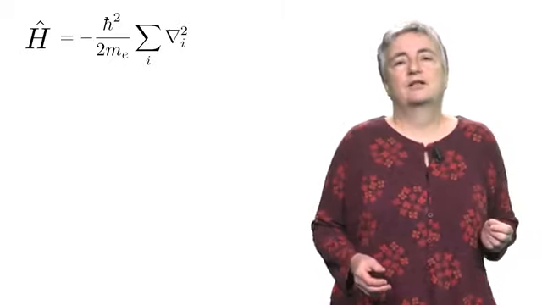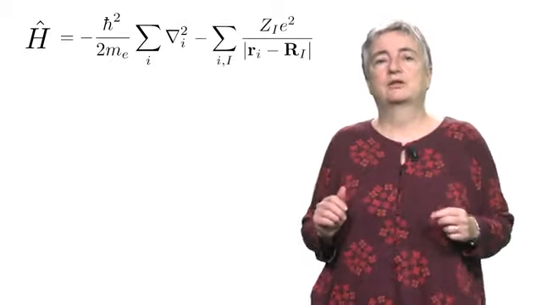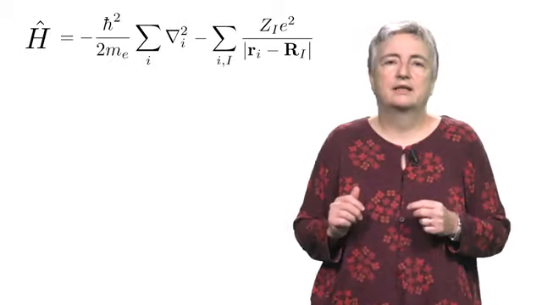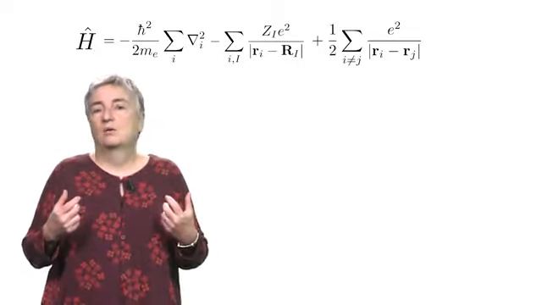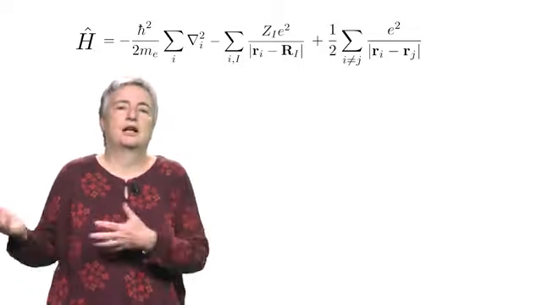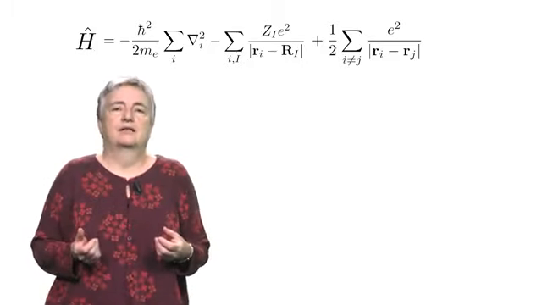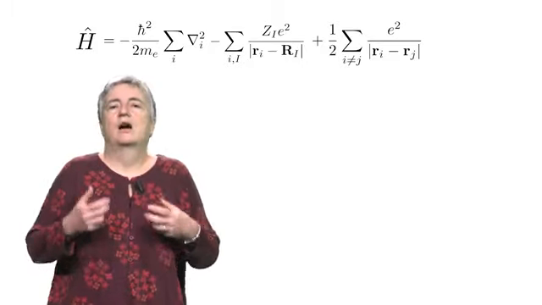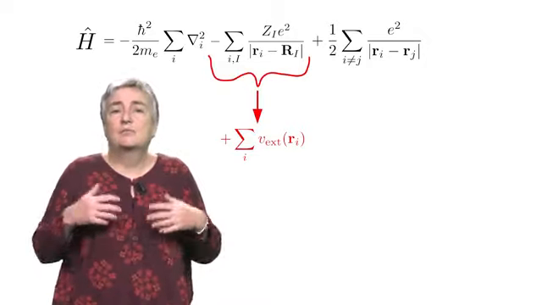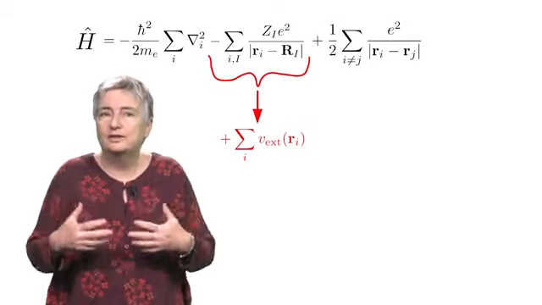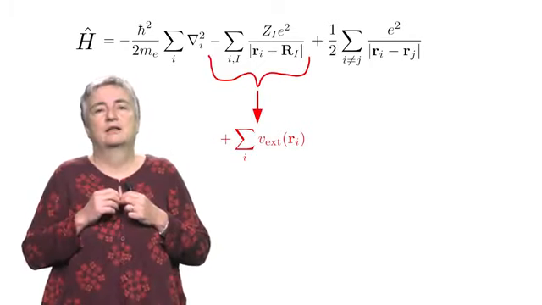So we remain with a Hamiltonian that contains the kinetic energy of the electrons, the Coulomb interaction of the electrons with the nuclei, and the Coulomb interaction between electrons. We can also add some other potential coming from outside, acting on the system. Altogether, let us call external potential the sum of all potentials, including the ones stemming from the nuclei.